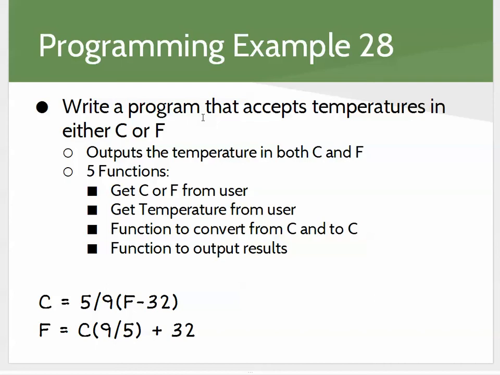But instead of putting this entire thing all in one spot, I want to break this down into individual functions, each one of these steps: getting the units from the user, getting the temperature from the user, converting, and then printing the output. I want to implement that as a series of functions.